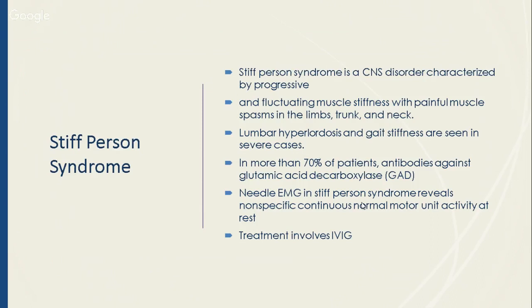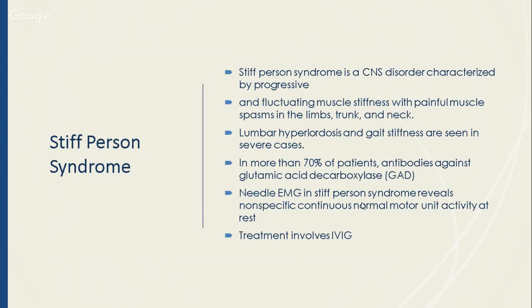Going to the hyperexcitability mimics, beginning with stiff person syndrome, which is basically a disease characterized by fluctuating muscle stiffness, which is very painful, involving the limbs, the trunk, the neck.